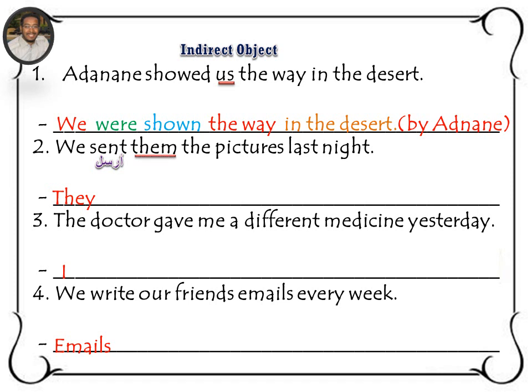And then to be in the past, because sent is in the past, and the past participle of the verb send, which is sent, and the direct object, and we finish the sentence. And we get, they were sent the pictures last night.